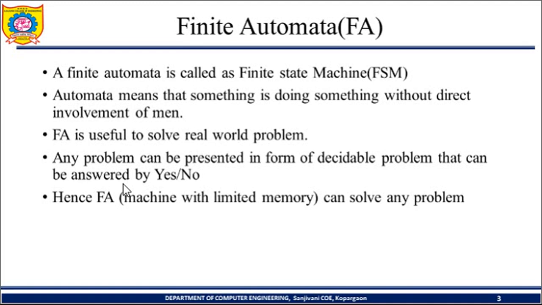Otherwise, if we are in a non-final state, then we say no, the string is rejected or not accepted by the finite automata. Finite automata have limited memory or no memory.